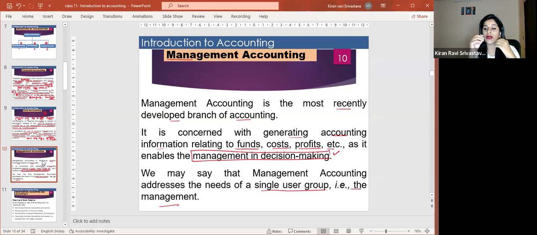So management accounting helps only the managers to generate data for internal decision making related to business. But financial accounting generates data for both internal users as well as external users. I hope you have understood all the three branches of accounting.